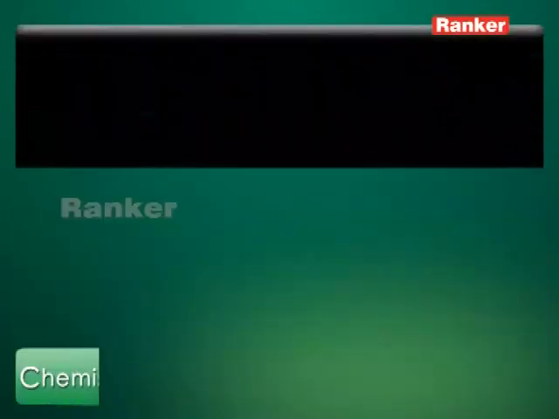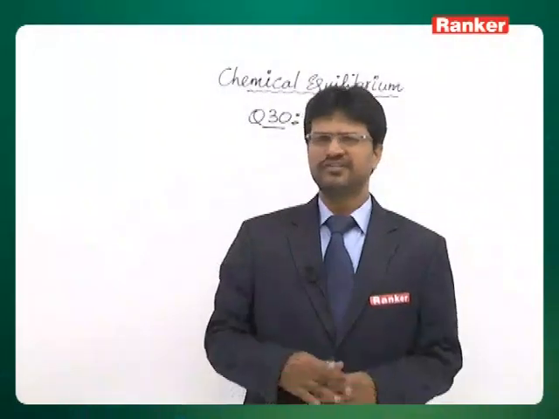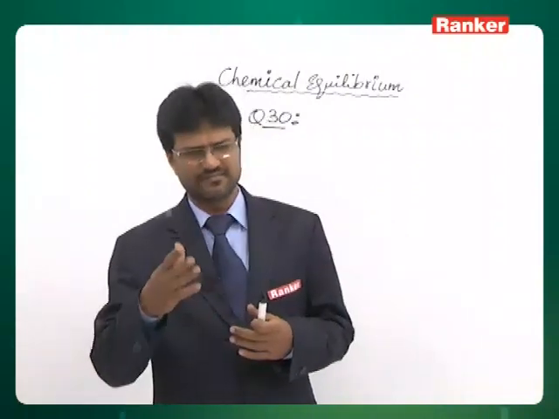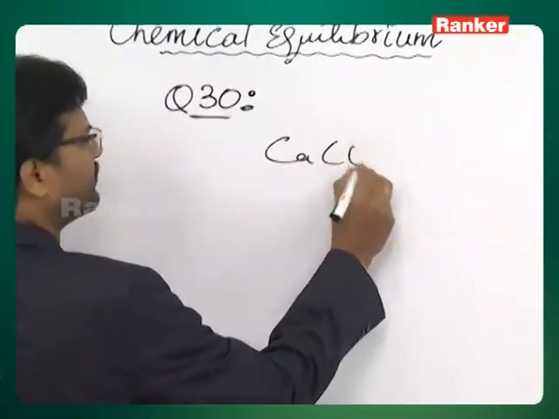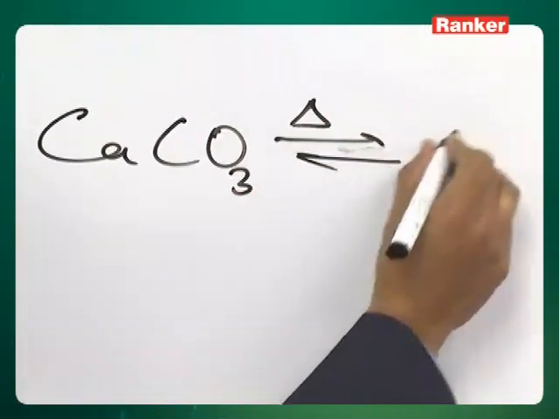Question number 30. When calcium carbonate is heated in a closed vessel at a definite temperature, the pressure of carbon dioxide formed remains constant irrespective of the amount of calcium carbonate taken. So if you increase the amount of calcium carbonate, that is not going to affect the pressure of carbon dioxide. That's the meaning of the statement. You are heating CaCO3. This is a reversible process.